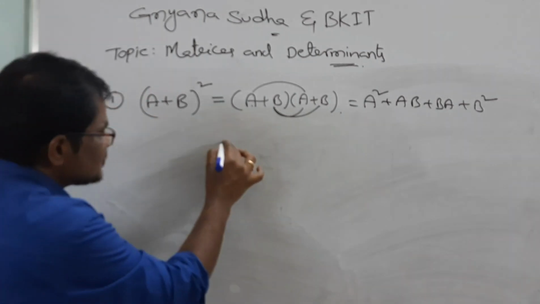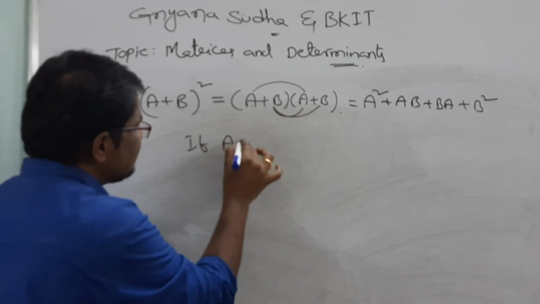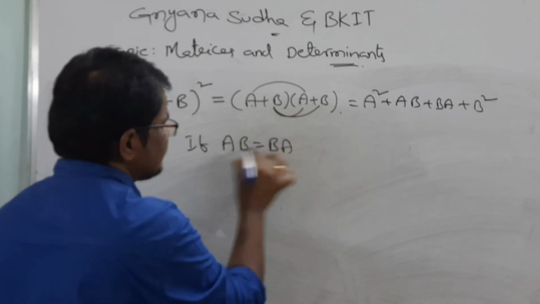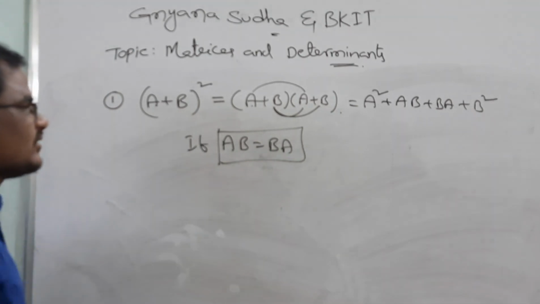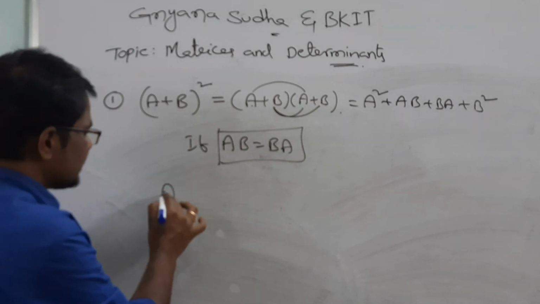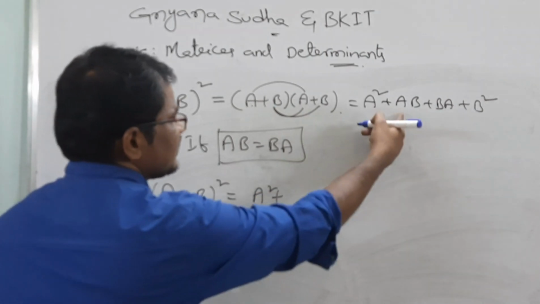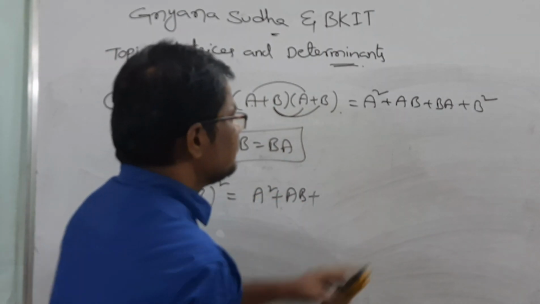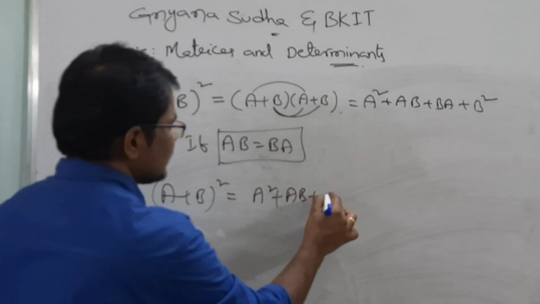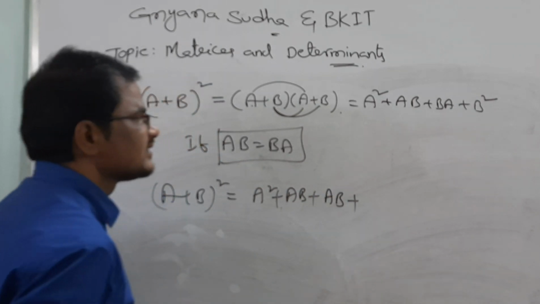Right? Suppose they give that AB equals BA. If AB equals BA is given, then you can write (A plus B) whole square equals A square plus AB plus BA, where BA is equal to AB, plus B square.